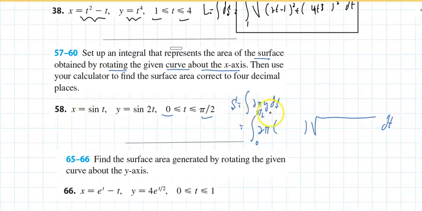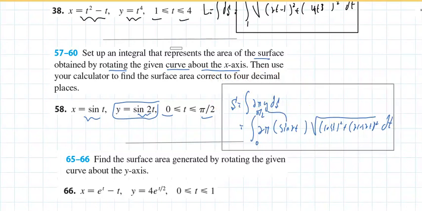And y, before I even begin, I know that y is the sine of 2t. And dx dt squared plus dy dt squared. And there it is. That's simple.